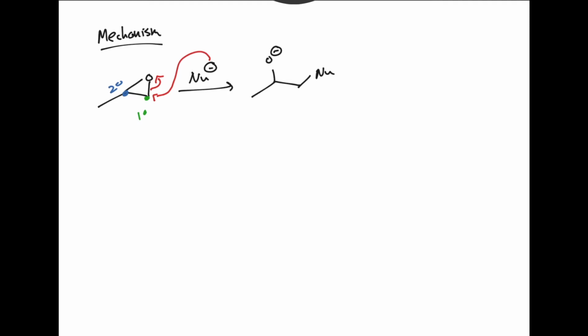The O minus is bad, but you're getting all this energy from opening the epoxide that helps offset the instability of the O minus. So instead of having to put a proton on it or turn it into a better leaving group, it's a good leaving group because it's part of an epoxide. What's helping it be a good leaving group is you get rid of all this strain.